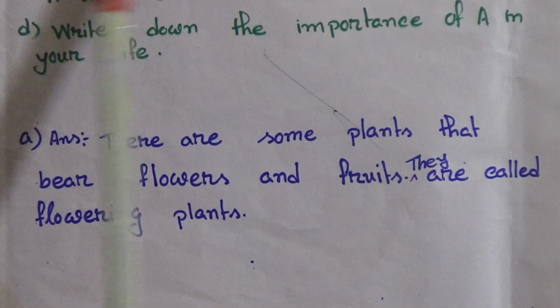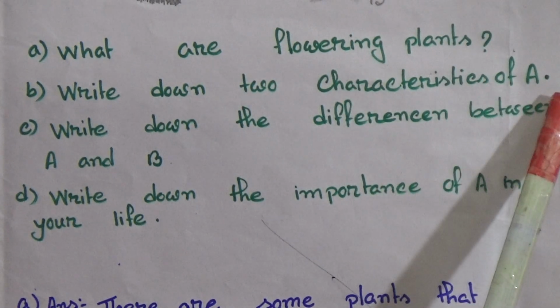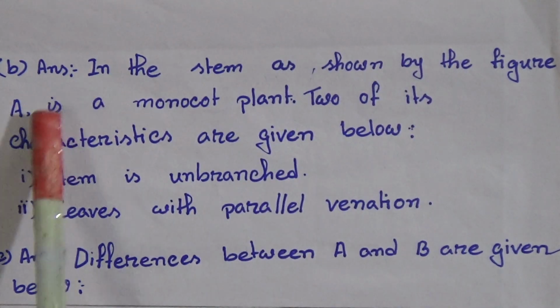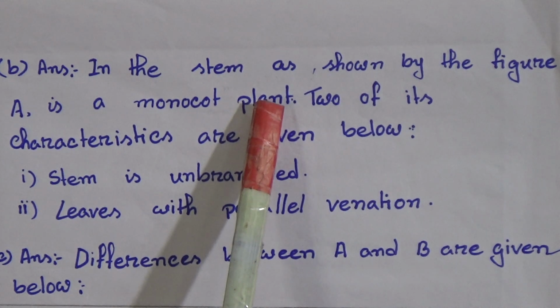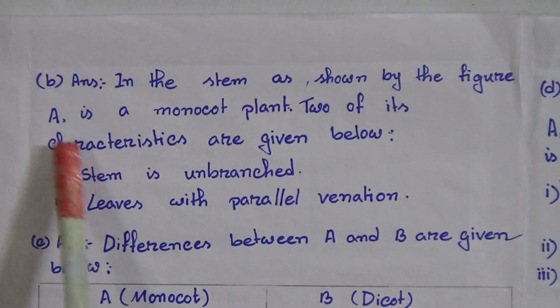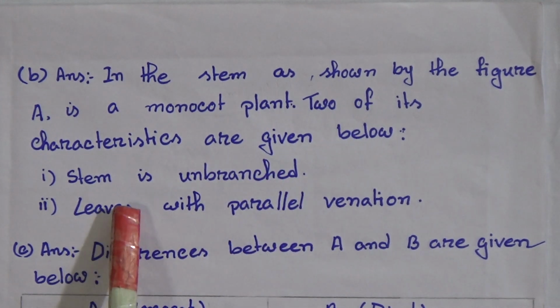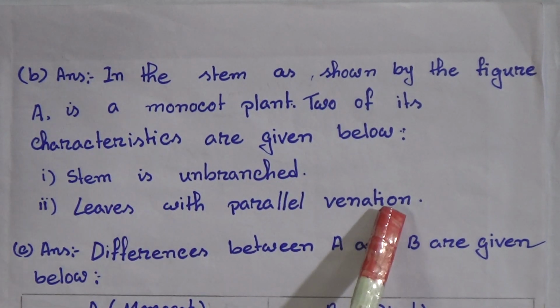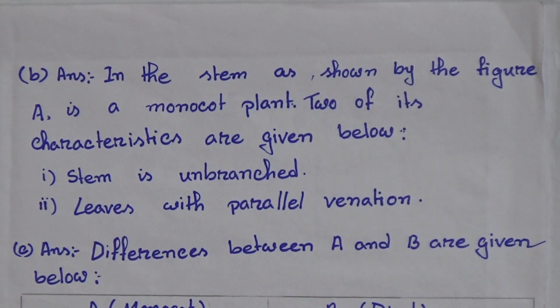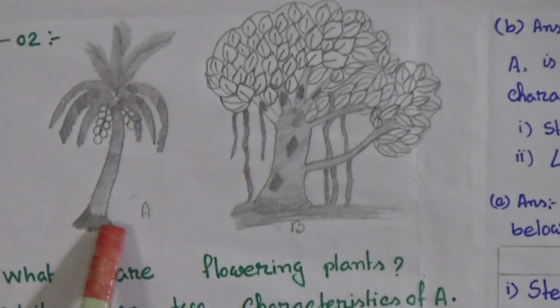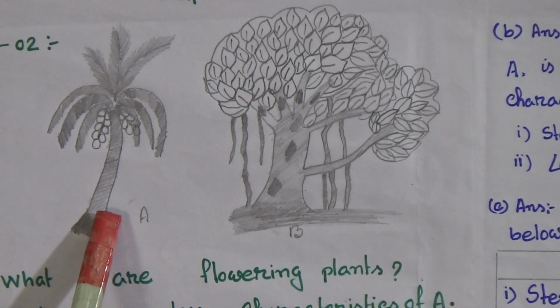Answer B. Write down two characteristics of A. The plant shown in figure A is a monocot plant. Two of its characteristics are given below. Stem is unbranched, leaves with parallel venation. You see in this picture, the stem of this tree is unbranched.